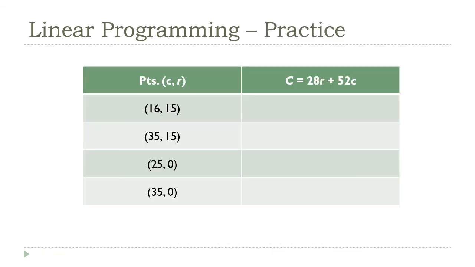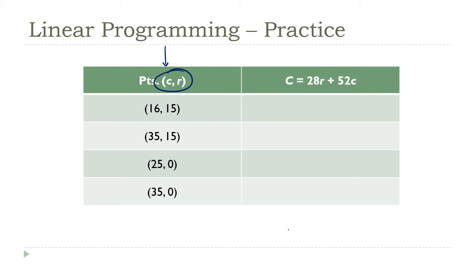I've copied our 4 corner point coordinates into the first column here. And again, notice what I did. I'm still being super particular about making sure I keep the C and the R straight, so I actually wrote it in here. So I know that the first coordinate is the C and the second coordinate is the R. Then over here on the right-hand side, I've brought back our objective function, our cost function.